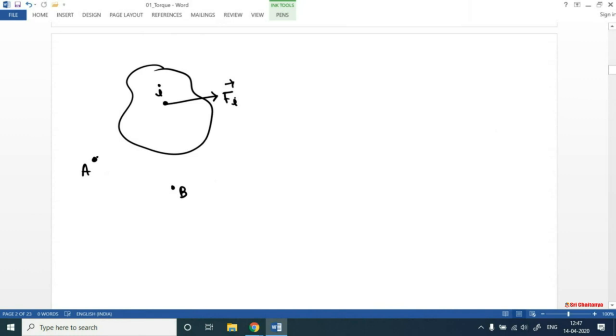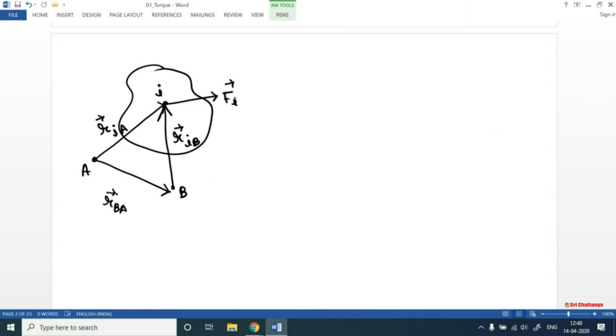So the position vector of I with respect to A would be nothing but R IA, and the position vector of I with respect to B would be nothing but R IB. Okay, and obviously this vector we can write as RBA, that is position vector of B with respect to A.